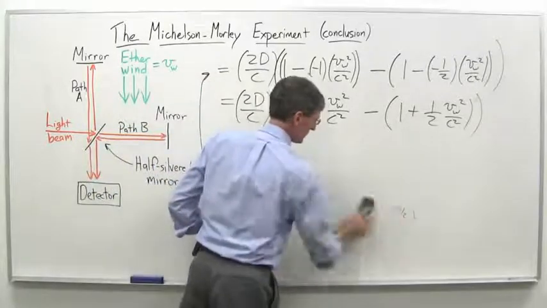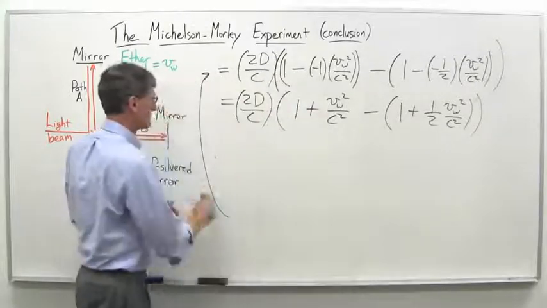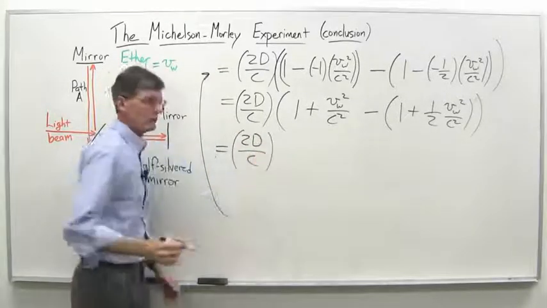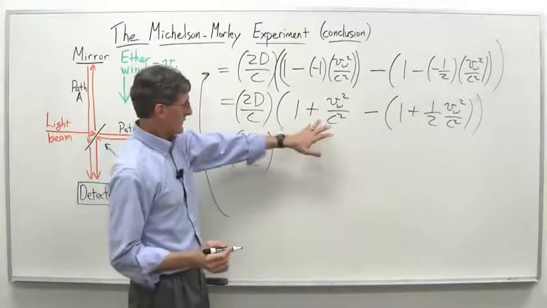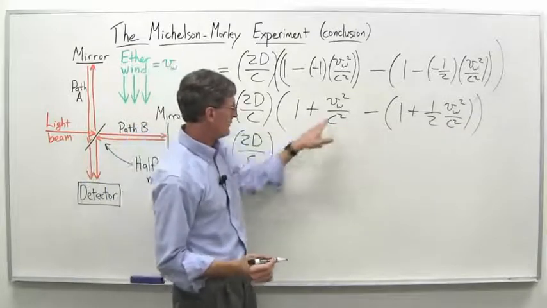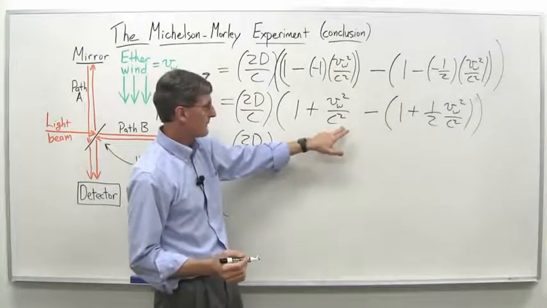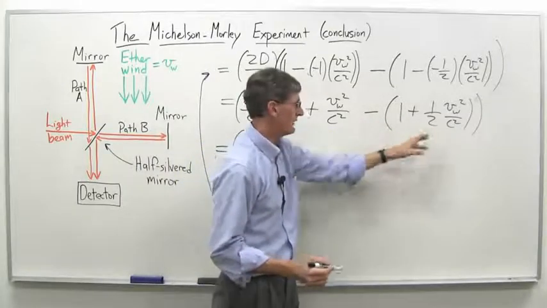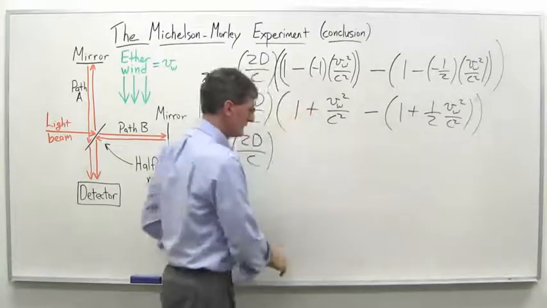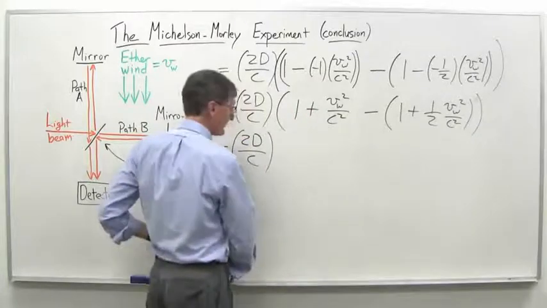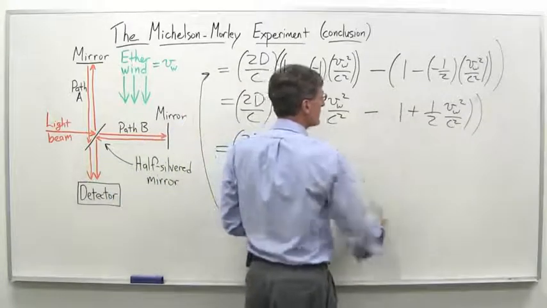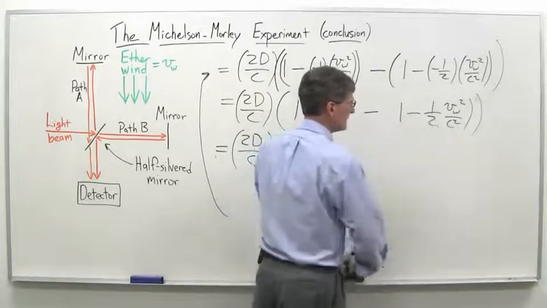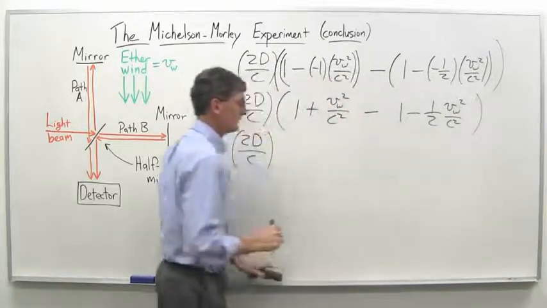And we're almost there. Equals 2d over c. So what have I got here? I've got 1 plus VW squared over c squared minus 1 minus 1/2 VW squared over c squared, right? If I've got minus something in parentheses, it just becomes something like this. So this then becomes minus 1 minus that. So a little writing there.